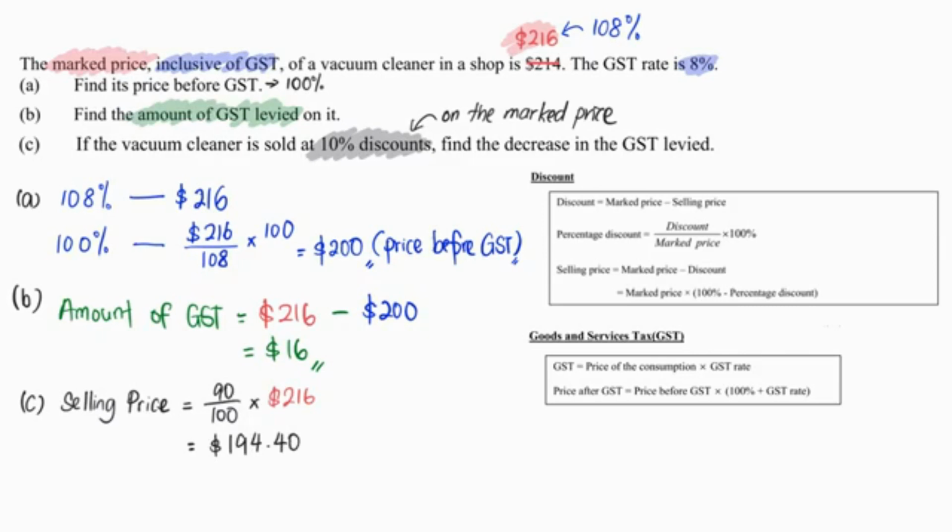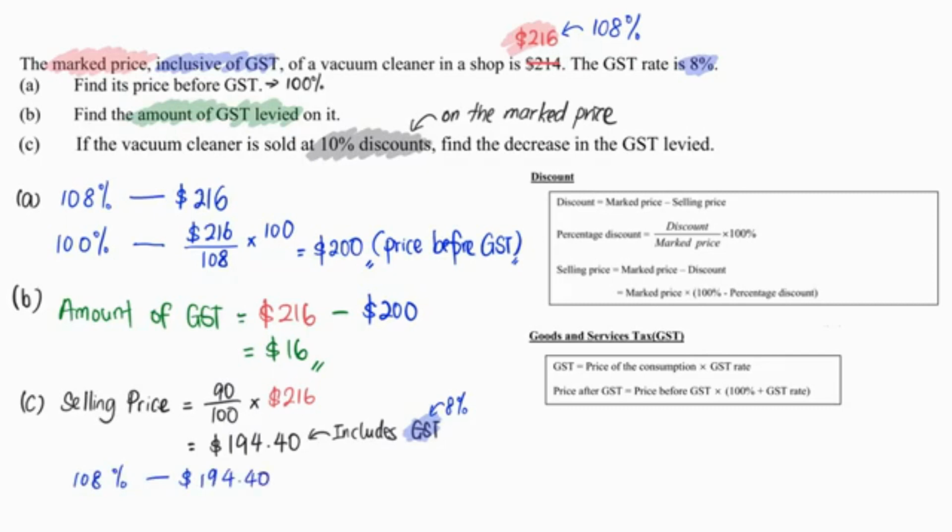Do note that this discounted price still includes GST, and the GST rate is 8%. And therefore, applying the method for part A, I would have 108% to represent this $194.40.